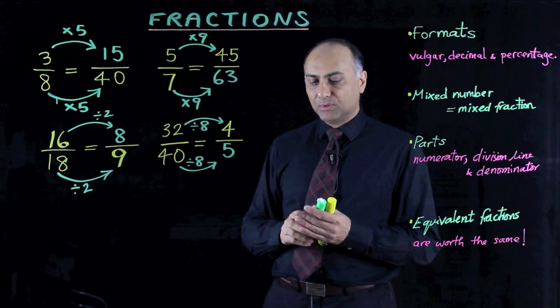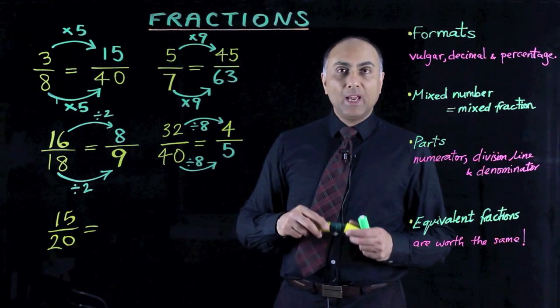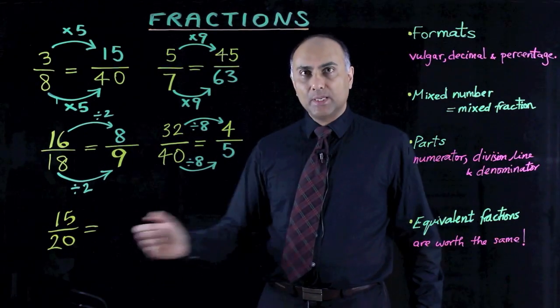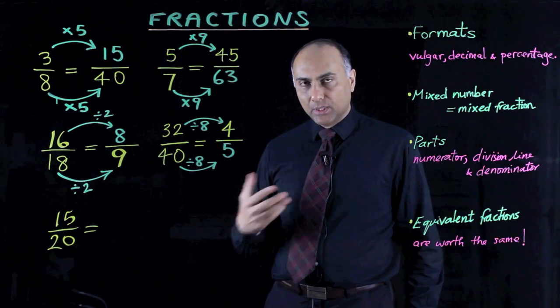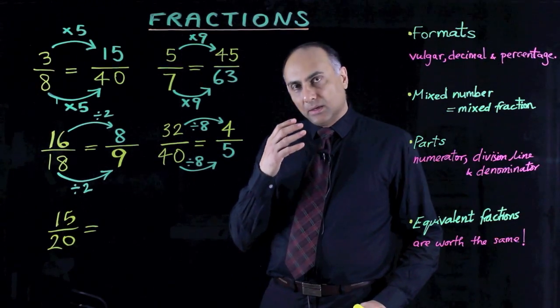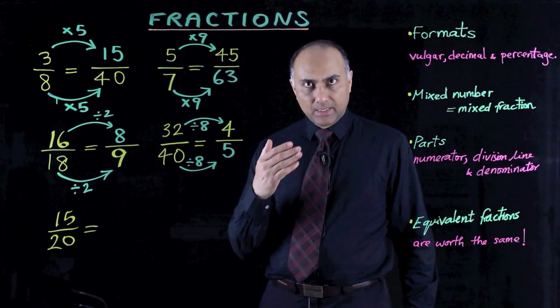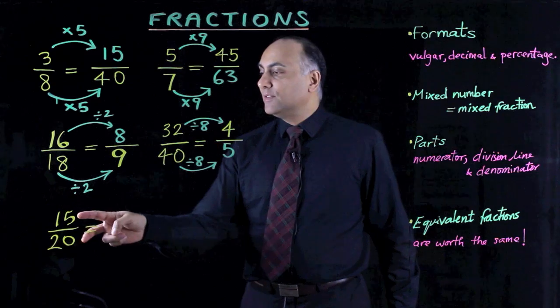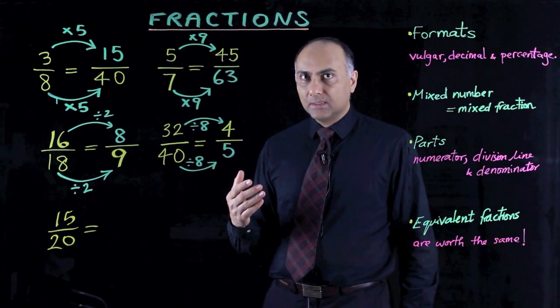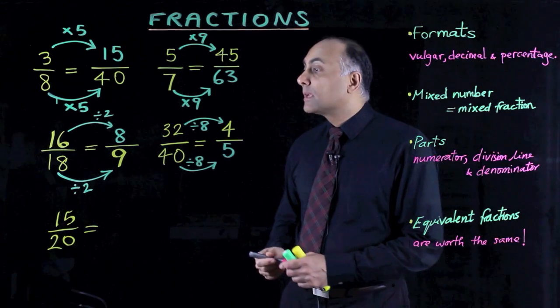Let's take an example to illustrate what I mean. Supposing we have the fraction 15/20 and we wish to reduce it to its lowest terms. What we do is look at the numerator and denominator to see what common factors they have. 15 and 20, common factors 1 and 5.